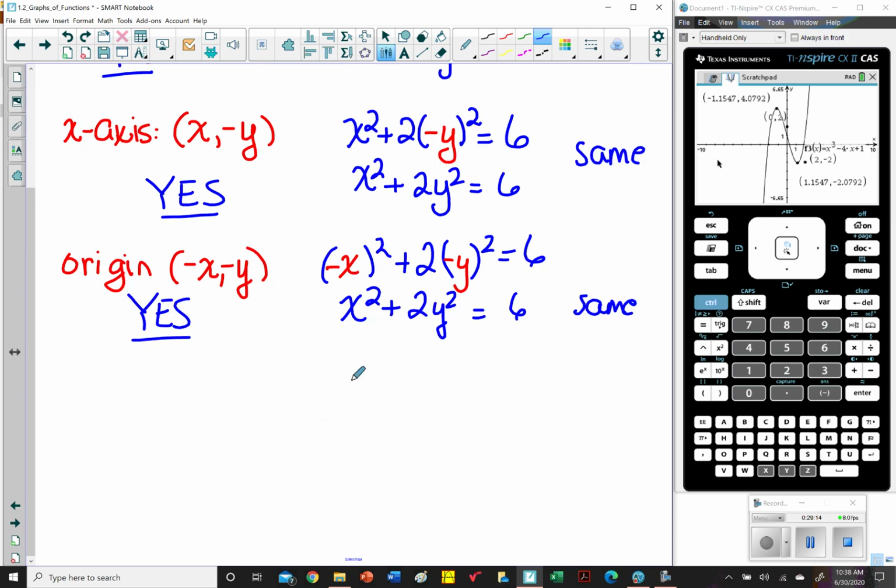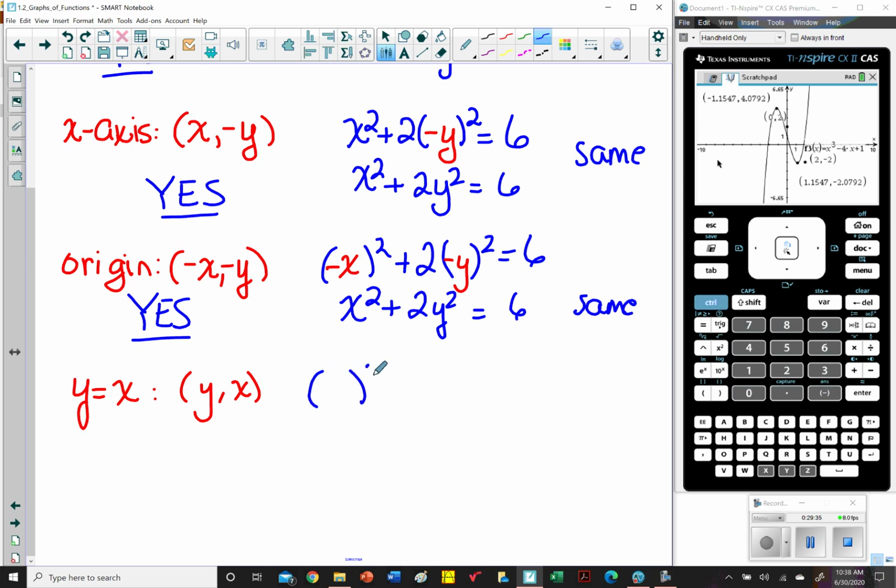Now there's one more symmetry. That's the symmetry across the line y equals x. And we'll talk about that when we get to inverses, but we could just try that out here. That means I'm going to change the x and the y.